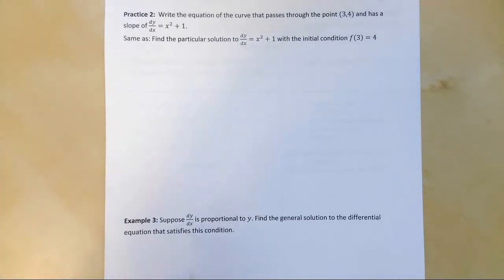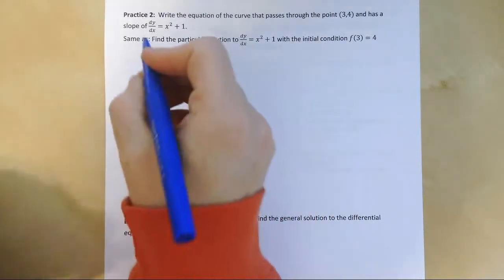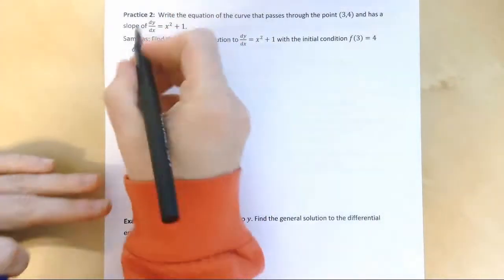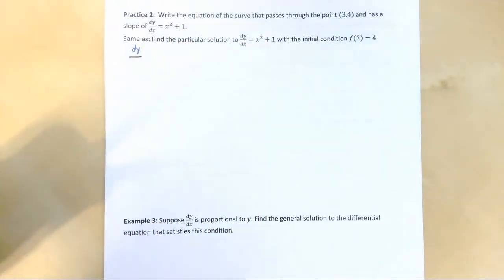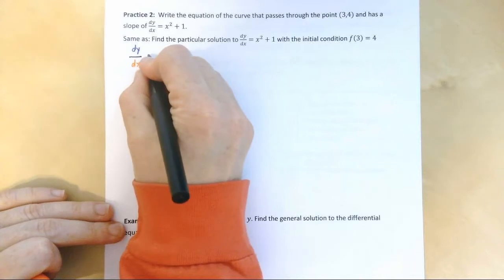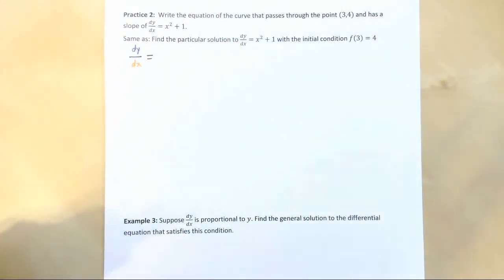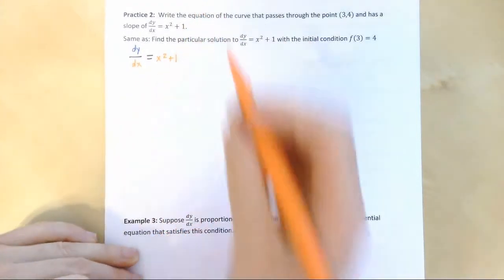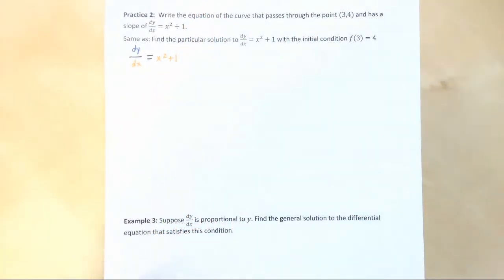I'm again going to try to color code for you. So y is going to be in blue. I'm going to write this down. We have dy over dx equals, this is our differential equation, and I'm just going to keep the 1 with the x squared plus 1.